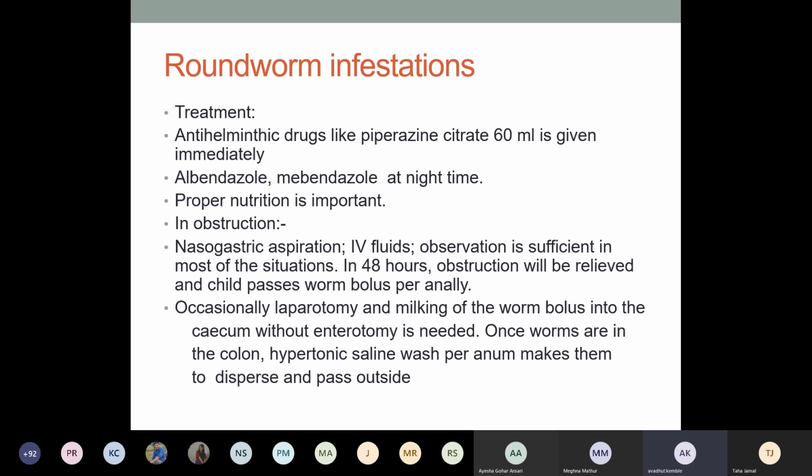In 48 hours, the obstruction will be relieved and the child passes the worm bolus per anum. Occasionally, laparotomy and milking of the worm bolus into the cecum without enterotomy is needed. Once the worms are in the cecum, a hypotonic saline wash per anum makes the expulsion of worms easy.